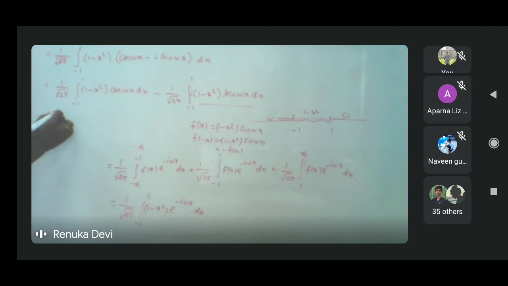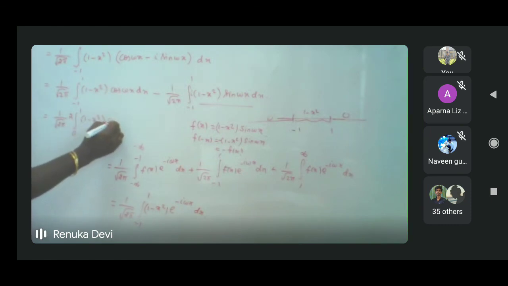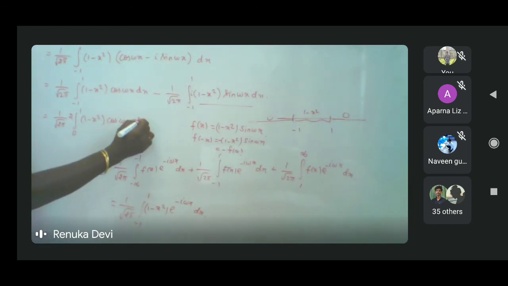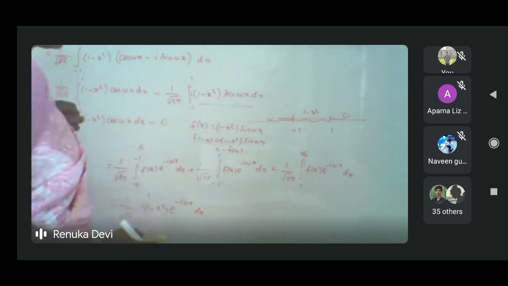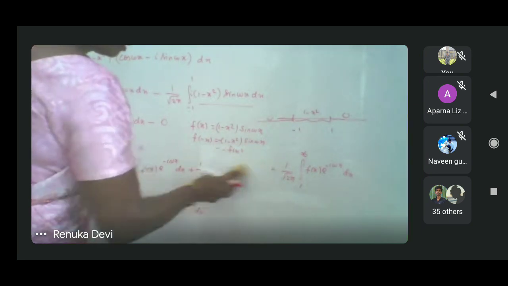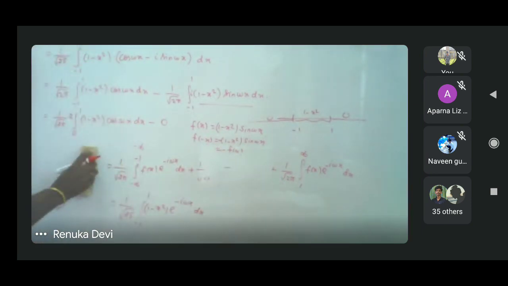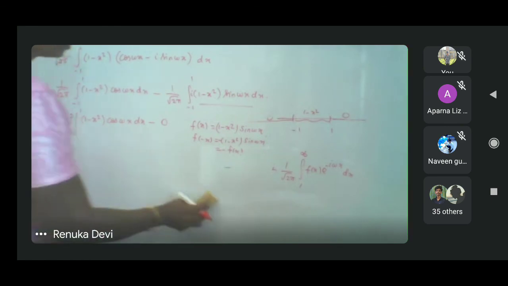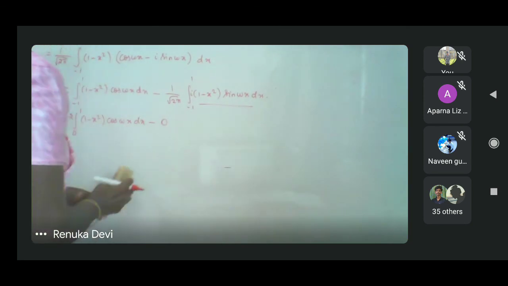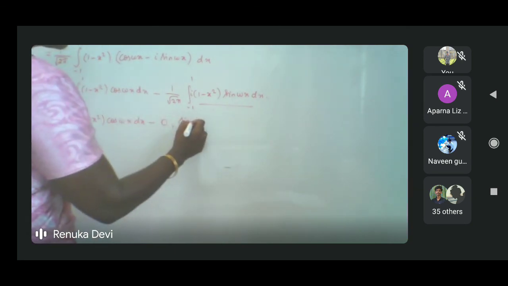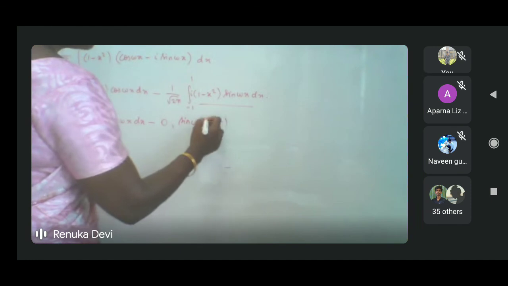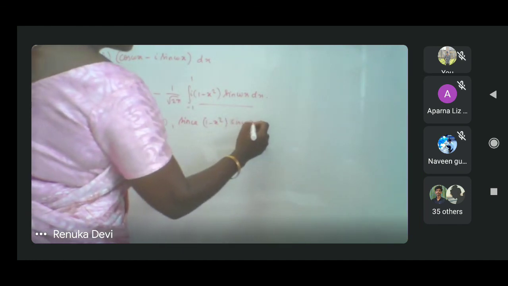Therefore, this is 1 by root 2 pi, 0 to 1, twice, integral of 1 minus x squared cos wx dx, minus this, which is 0, since this integrand is an odd function, 1 minus x squared into sin wx.